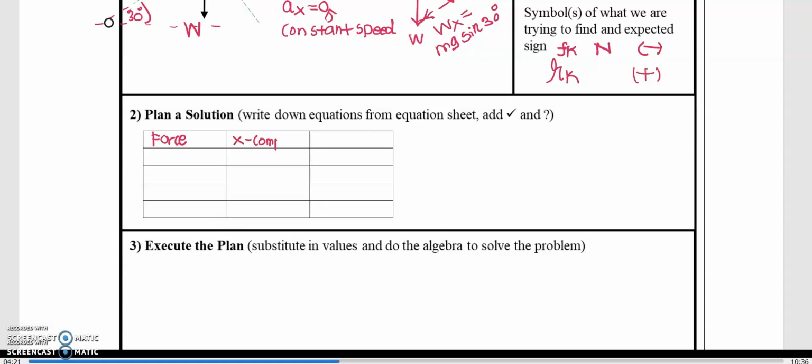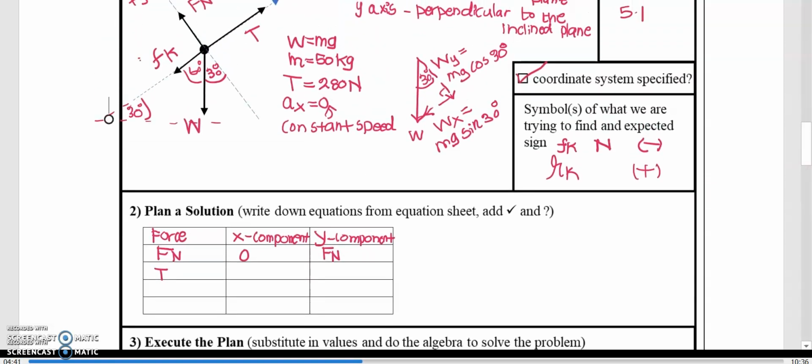And let's start by making a chart to identify the x and y components of each force acting on the skier. So let's start with the normal force, and there's no x component for the normal force. The y component is Fn. It's positive because it's up based on the inclined plane.